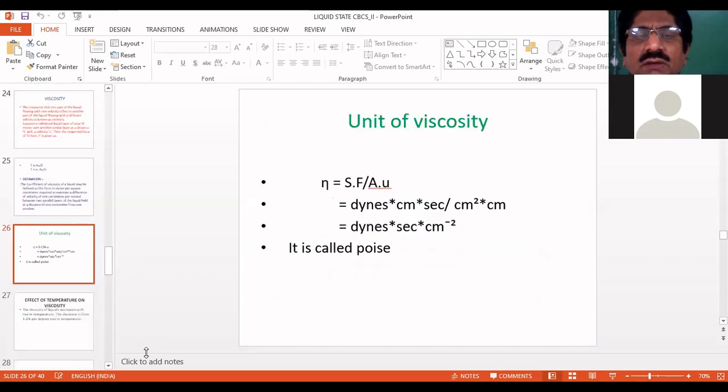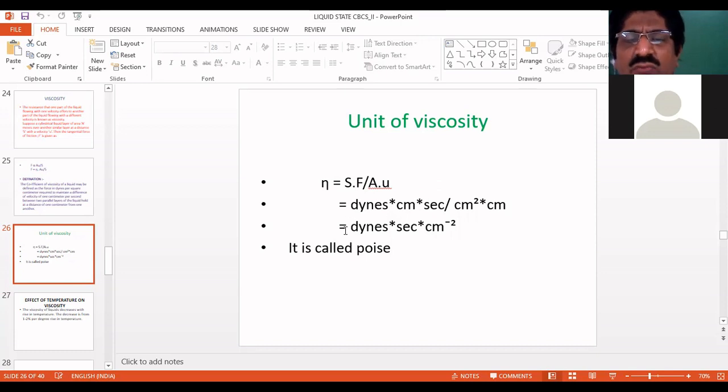Now, the unit for viscosity. Eta is equal to F s divided by A into u, that is dynes into centimeter into second divided by centimeter square into centimeter. Depending on that, the value I had just put: the force in dynes per centimeter square, s is the distance, A the area of cross section, and u the velocity.